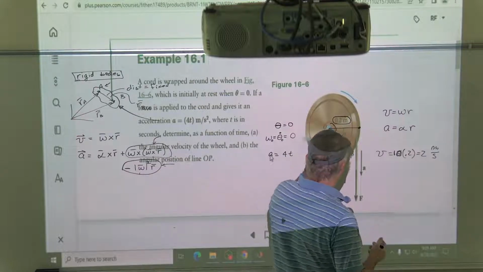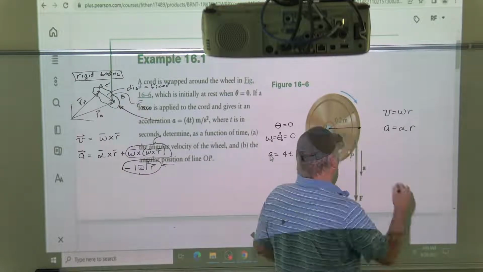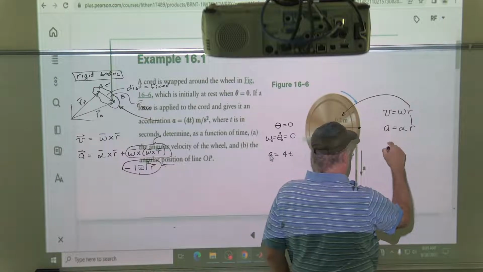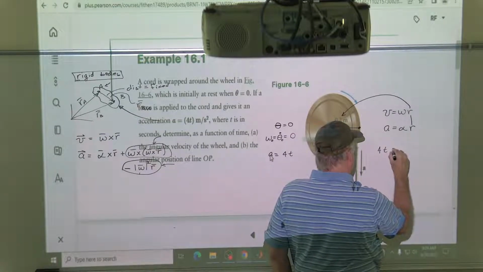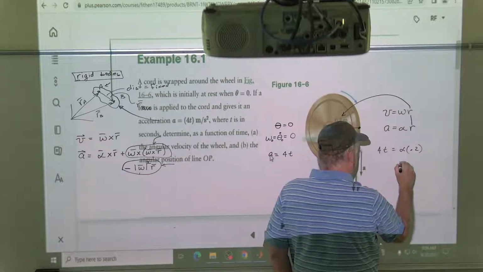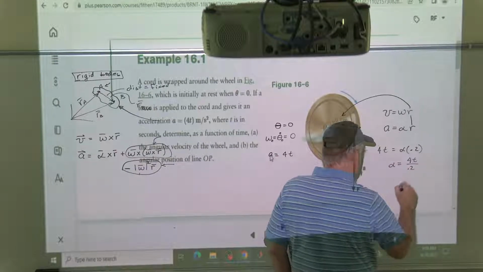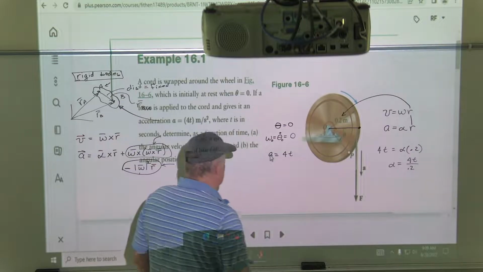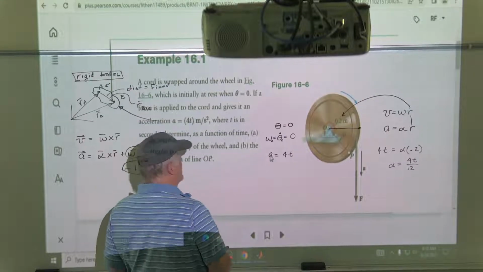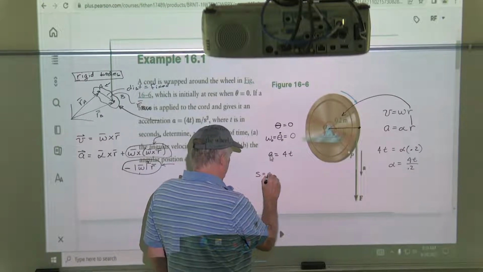So if you want to know the alpha, r remains fixed at 0.2. If 4t equals the acceleration, then alpha is equal to 4t divided by 0.2. I'm not even going to figure out that number. But the key is, he wants to know, determine as a function of time the angular velocity. Okay, remember, we had this a long time back.